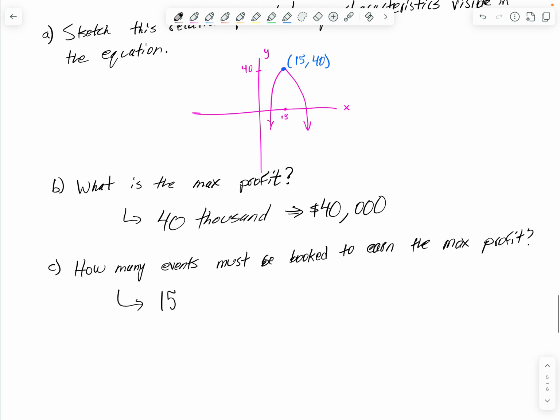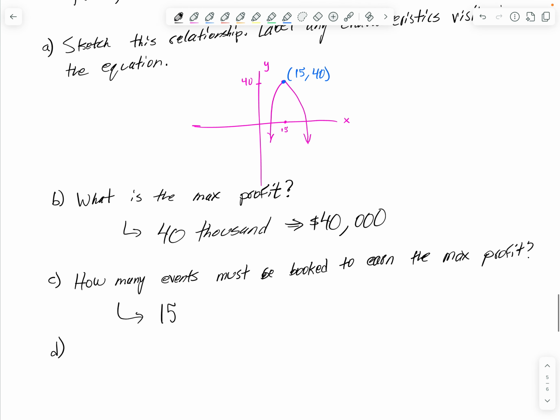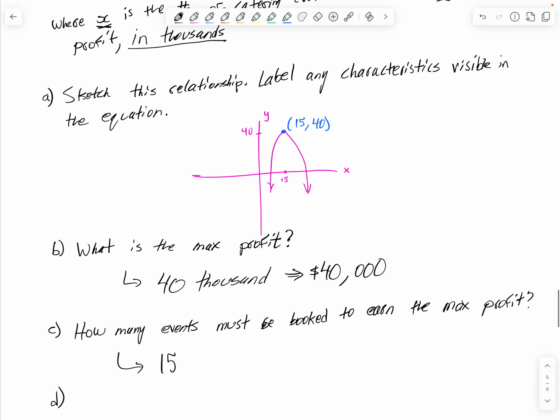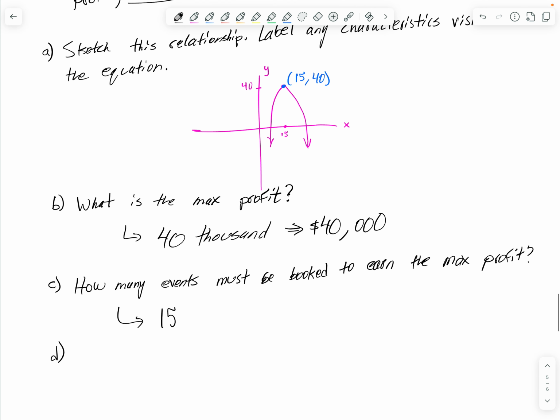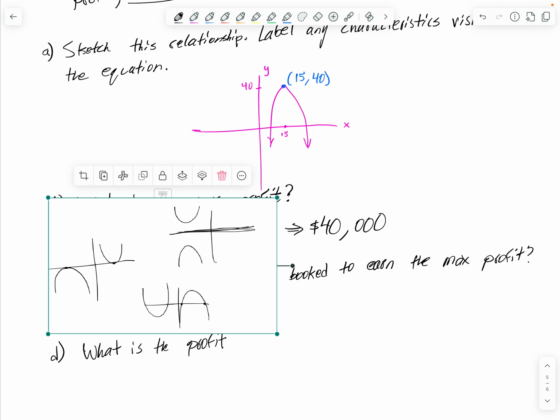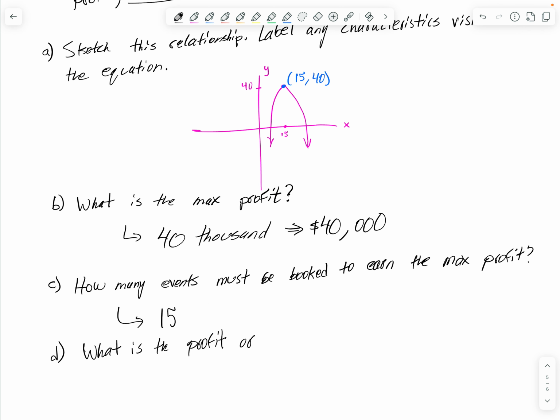And then last but not least, a typical question involves substitution, or evaluating, which is something like: what is the profit or loss if 8 events are booked?